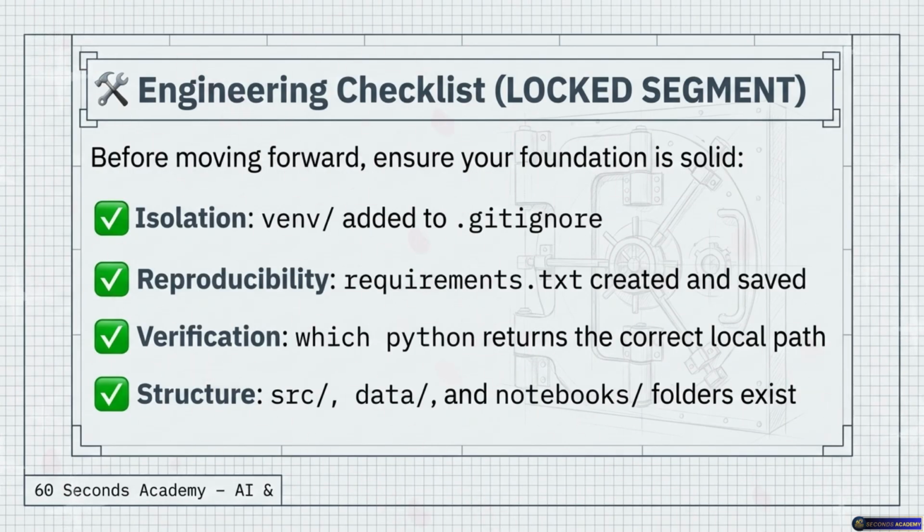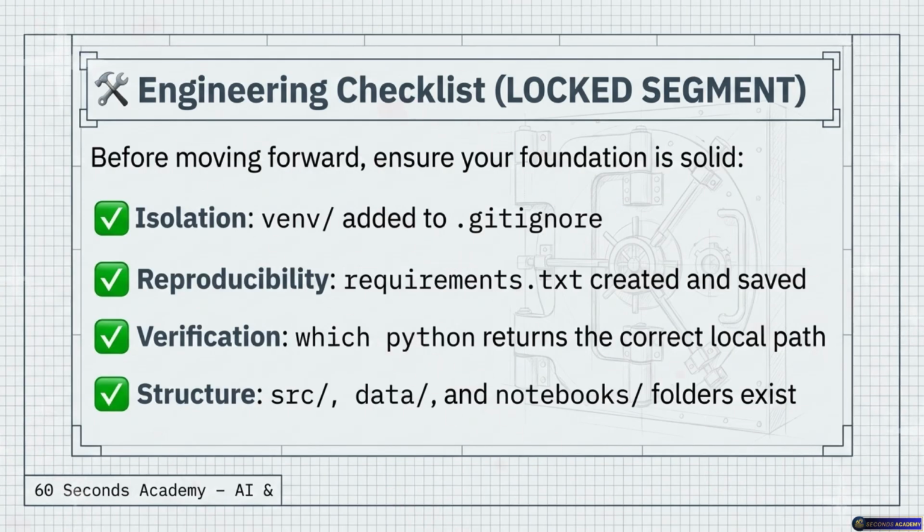First on the checklist is isolation. Have you added your venv folder to your .gitignore file so it acts as that invisible shield against GitHub? Second is reproducibility. Have you separated your development tools and created a lean production-ready requirements.txt file? Third is verification.